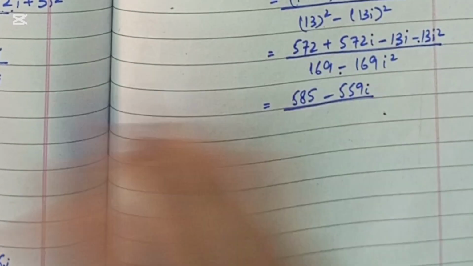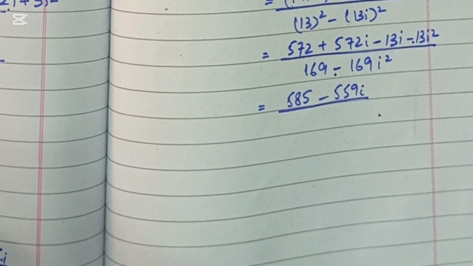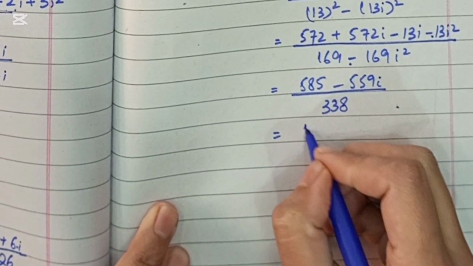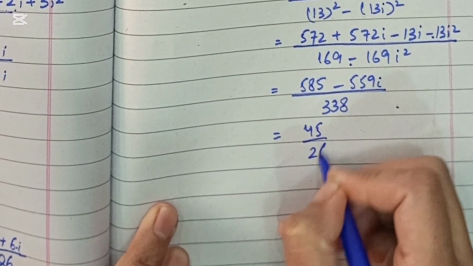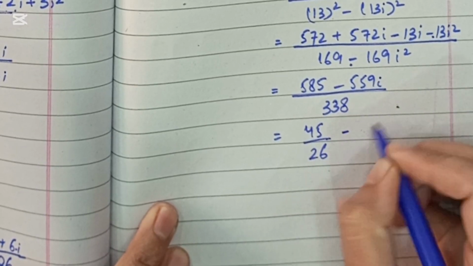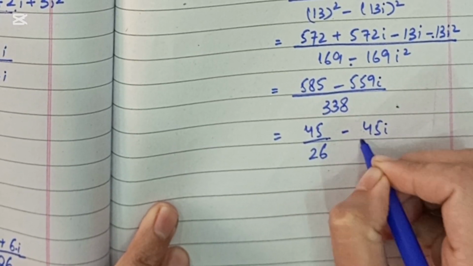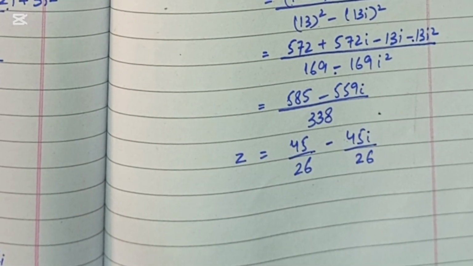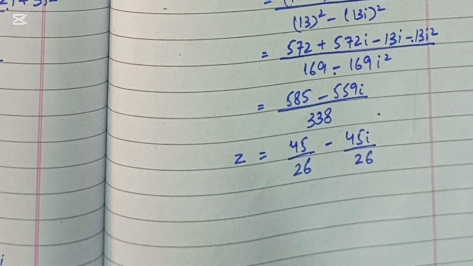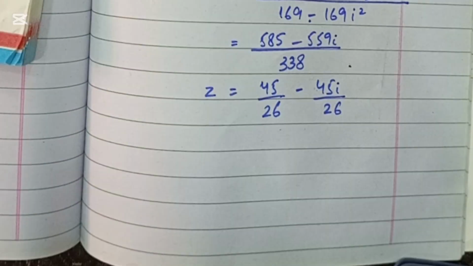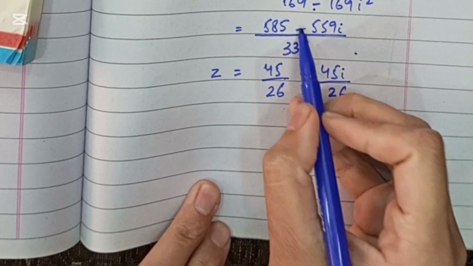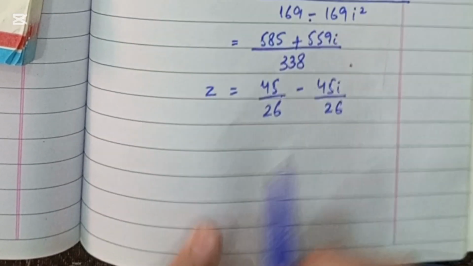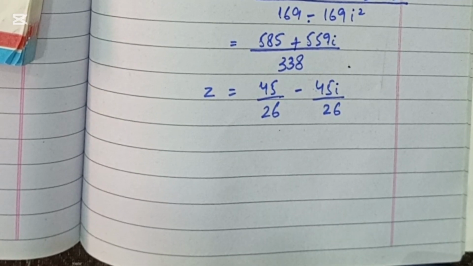It will be 169 plus 169, 338. The answer would be 45 divided by 26 minus 45 iota divided by 26. This is our answer for part number 1. Okay, it would be plus 559. Okay, and further it will be like this, and this is our answer for Z.